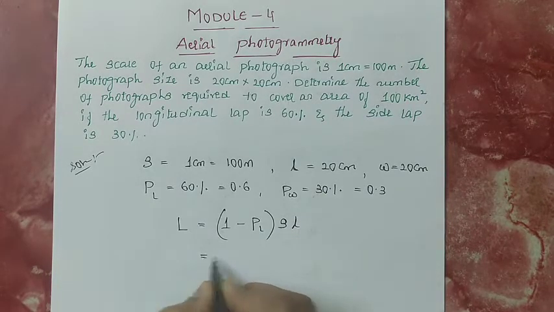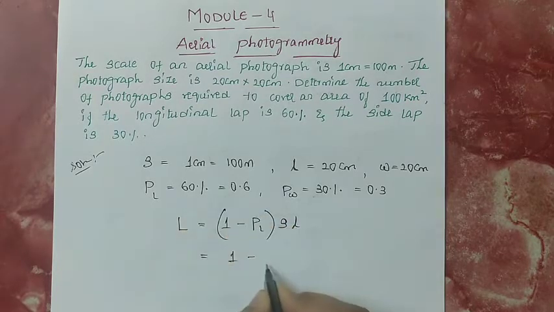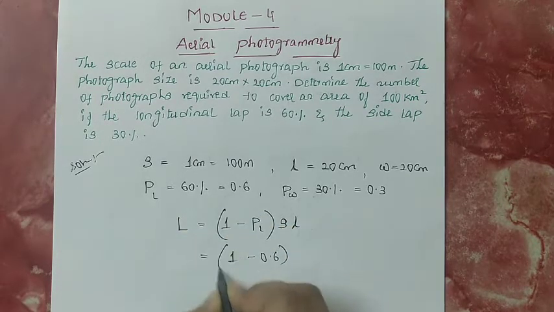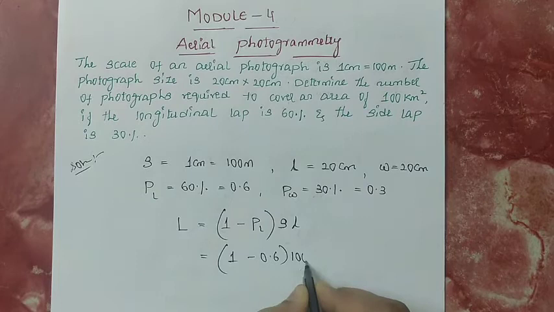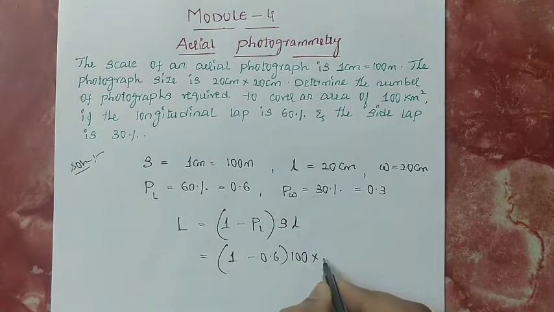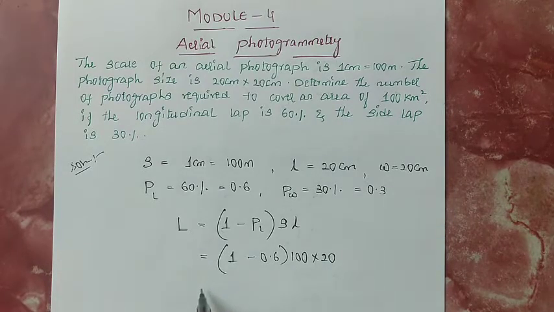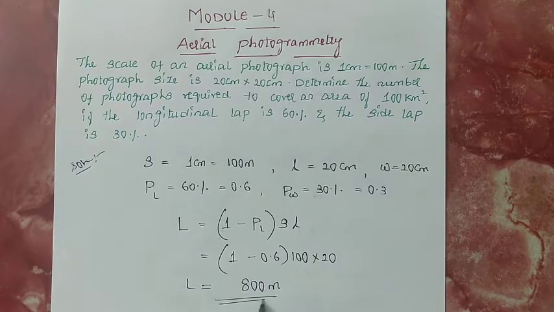Substitute the values: 1 minus PL is 0.6, the scale is 100, into l value 20. Substitute the l value in centimeter itself and the scale in meter, and calculate it. You will get the L value in terms of meter, that is L equals 800 meter, which is 0.8 in terms of kilometer.